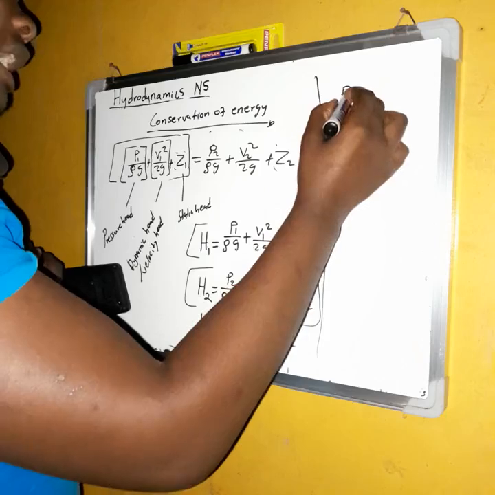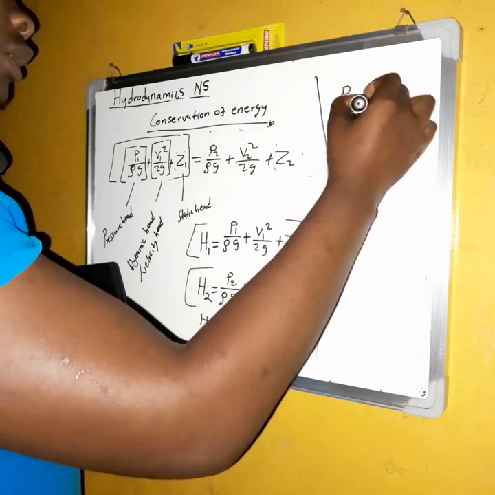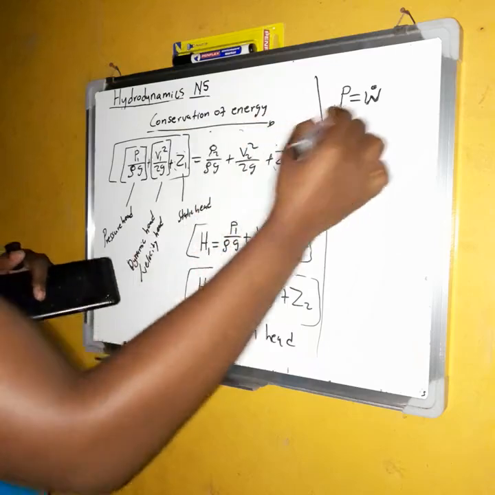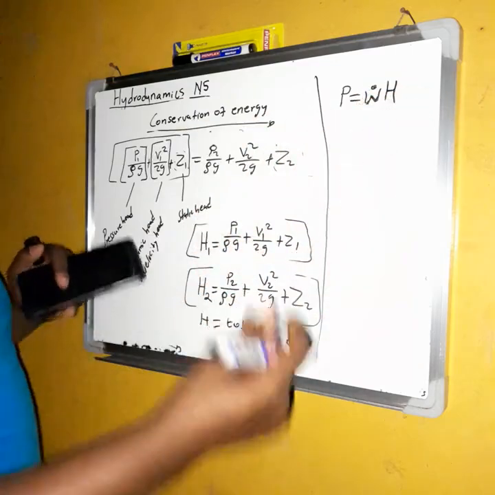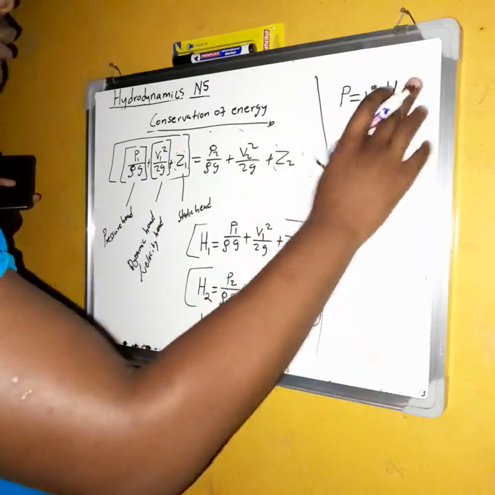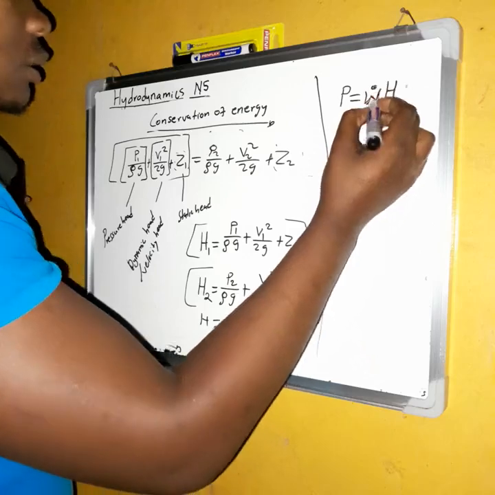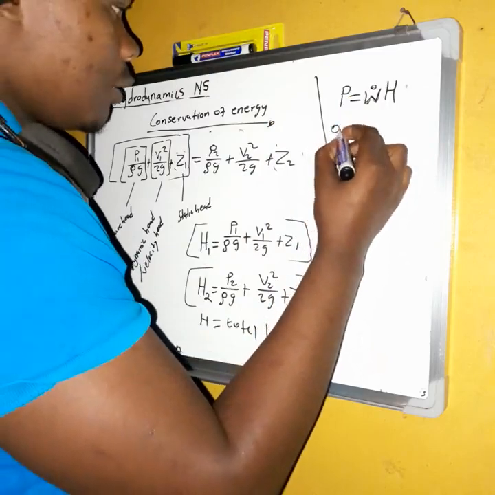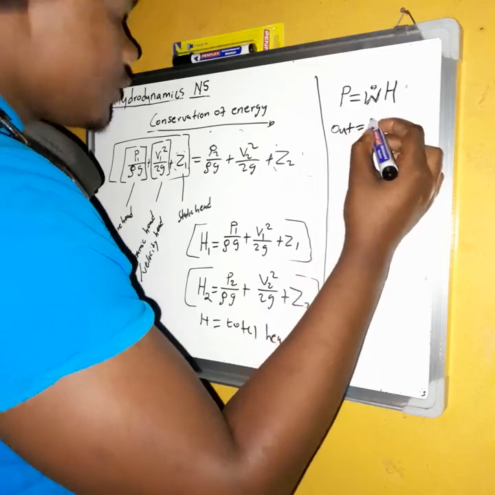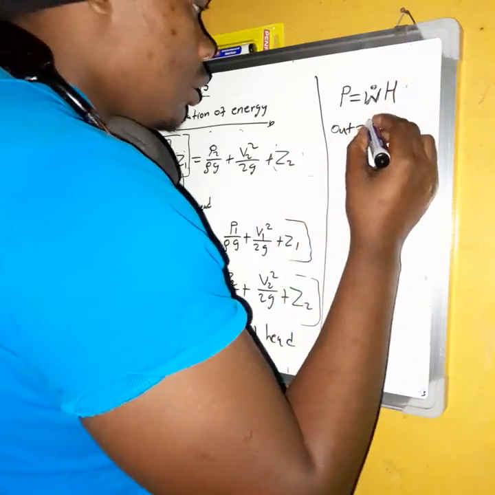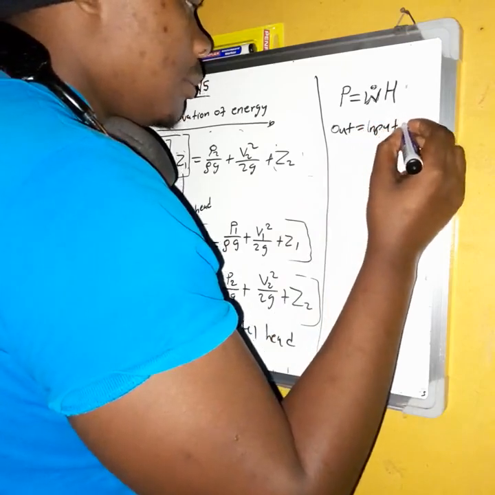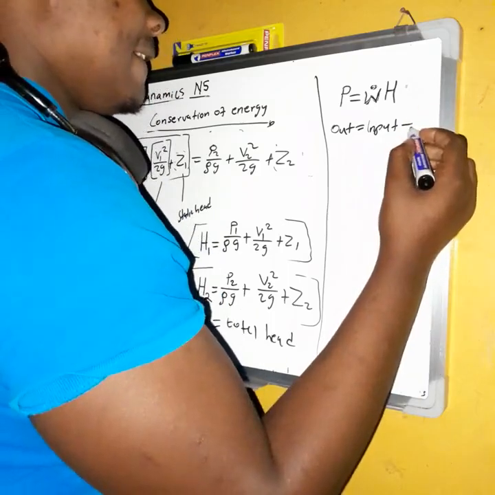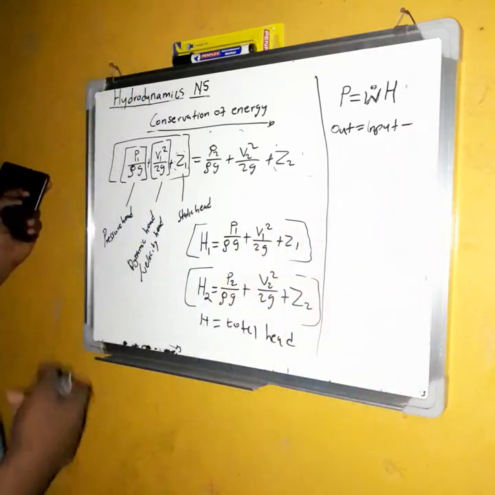So it is important to have total head, because power will be equal to W, the weight flow, multiplied by this H. It can be H1 or H2. Remember, output must be equal to input minus friction power.